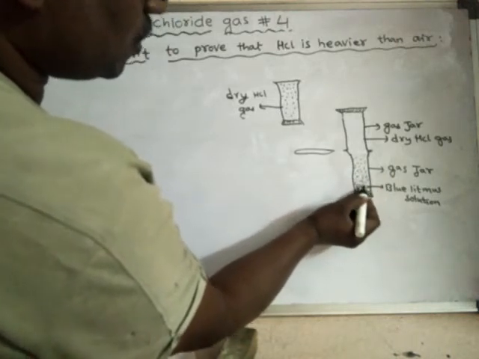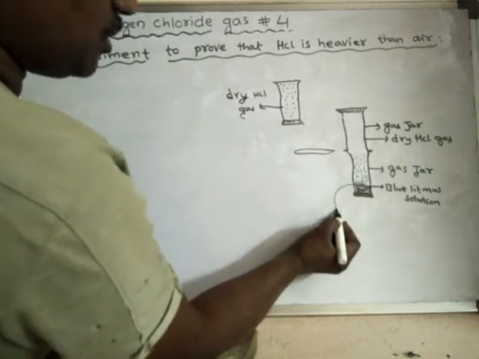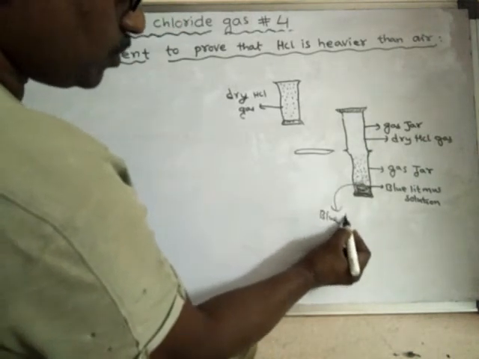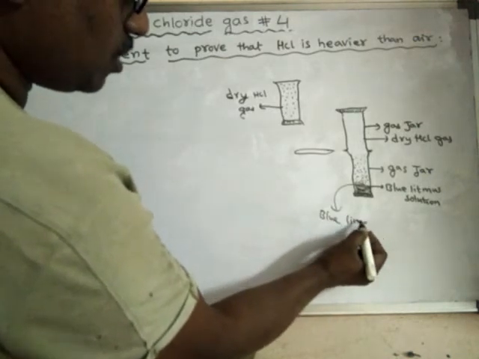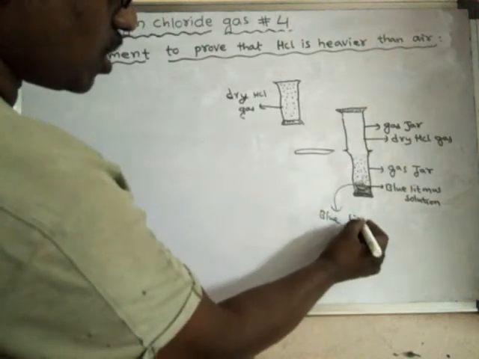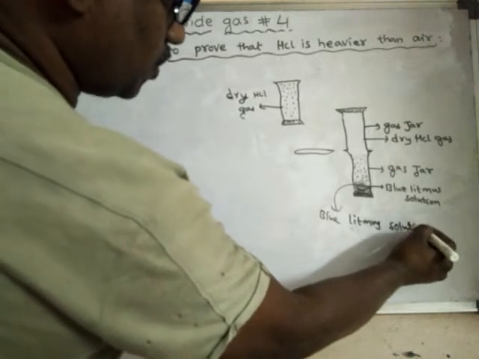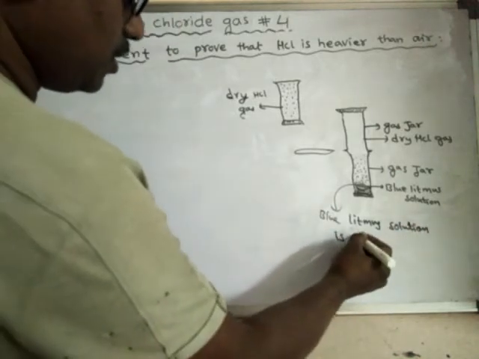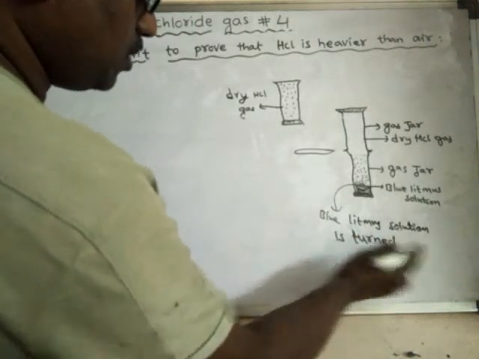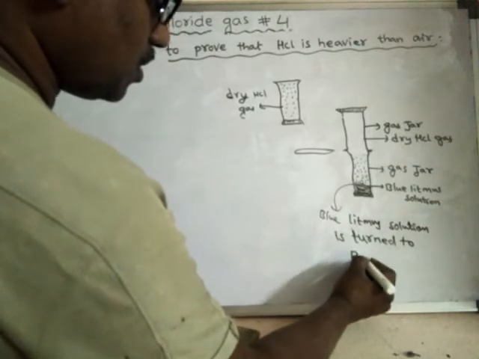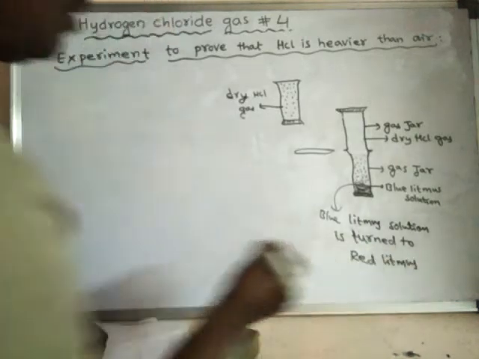gas jar. And what happens? The blue litmus solution is turned to red litmus, or else red color.